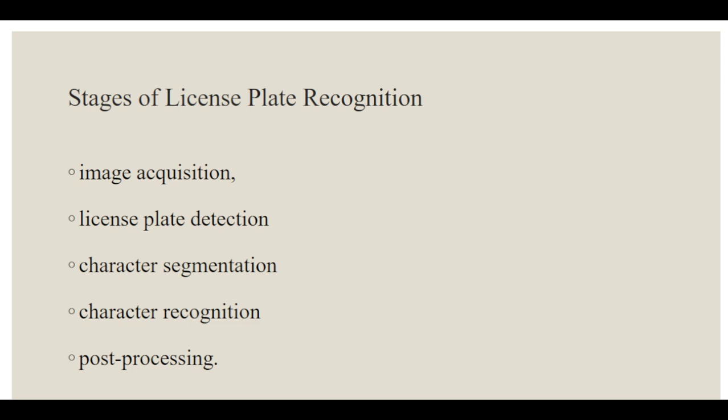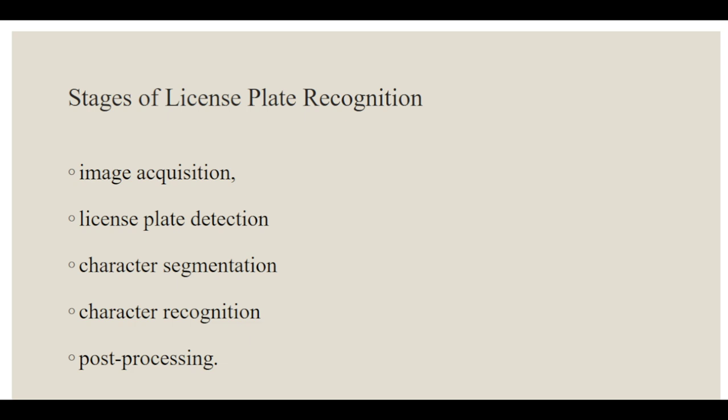Image acquisition. Images or video frames are captured using cameras mounted on vehicles or at fixed locations. License plate detection. In this stage, the system locates the license plate region in the image. This can be done using various techniques such as template matching, edge detection, or machine learning-based approaches.